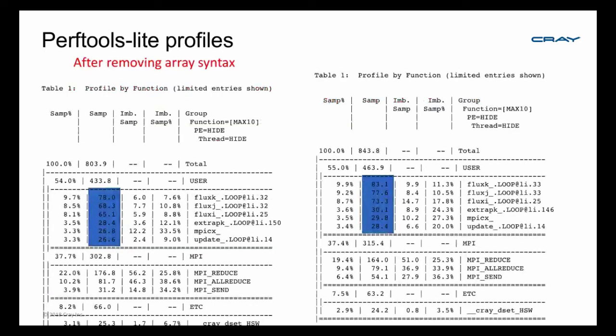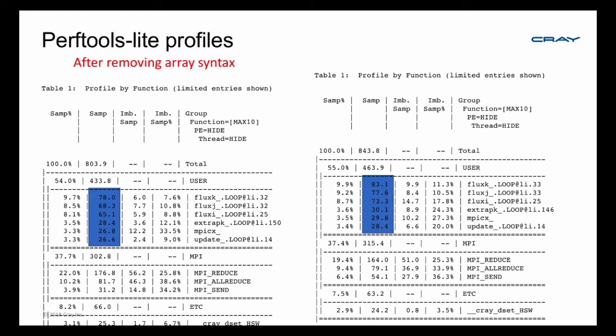All right. So I removed the array syntax within the entire code. And it actually runs 5% faster. Now, if I were running a larger problem, that difference would be larger.